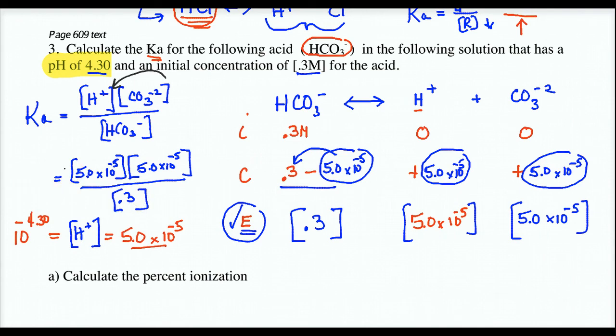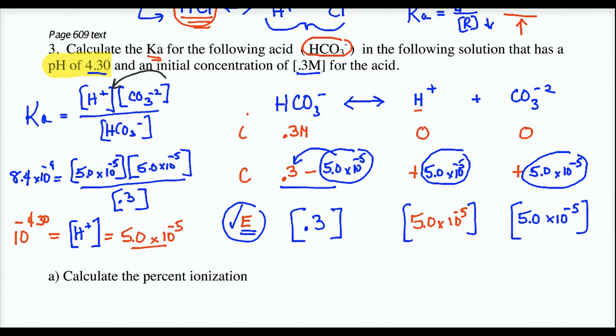So how do you do this? Well, we'll square the top numbers, and then we'll divide by 0.3, and I get a number that's approximately 8.4 times 10 to the negative 9.